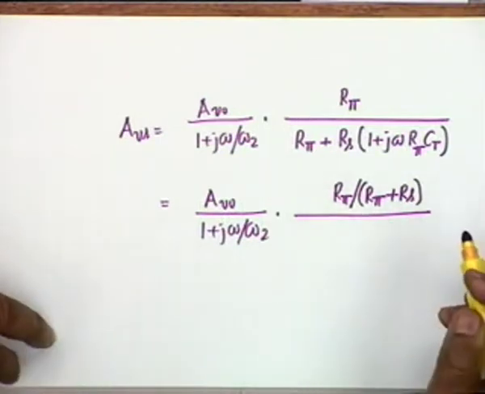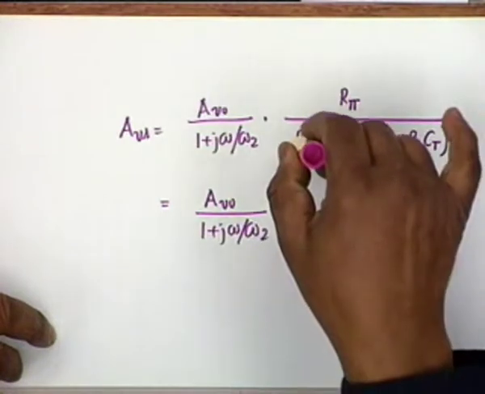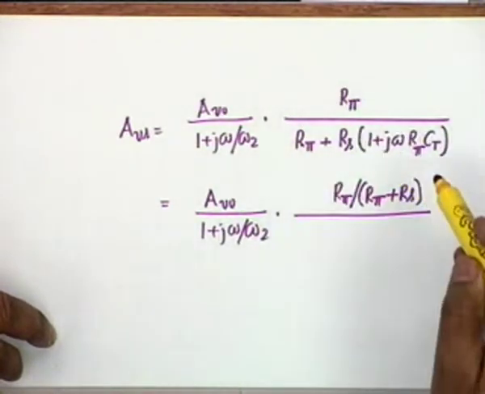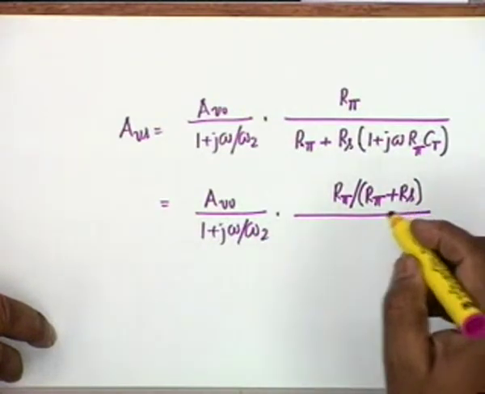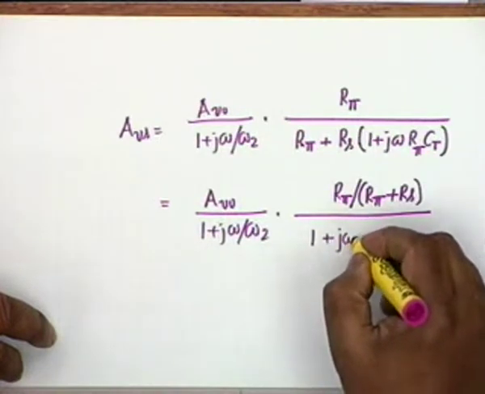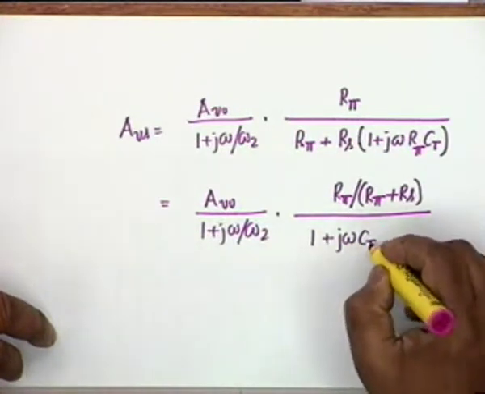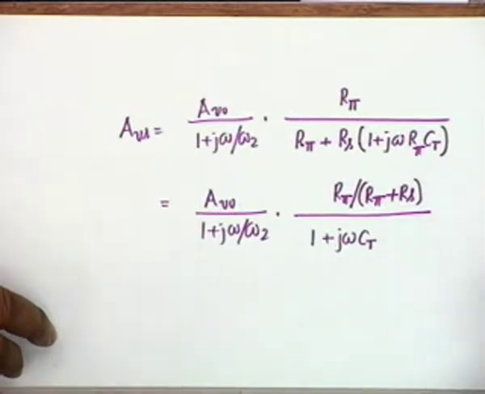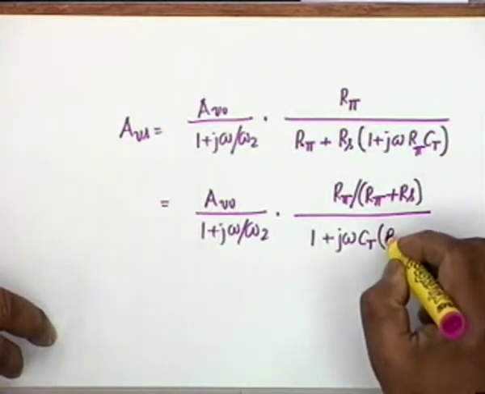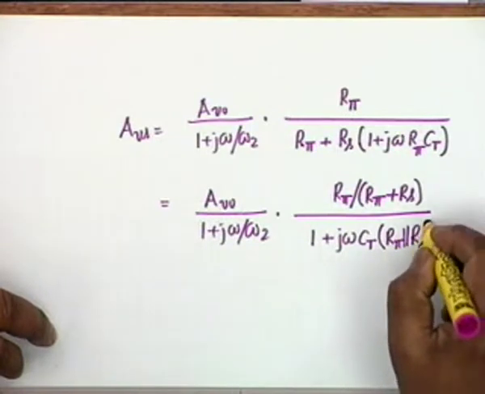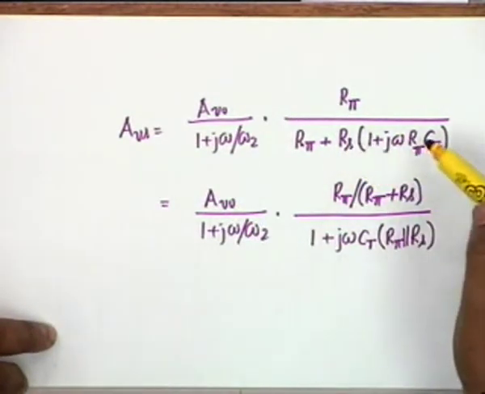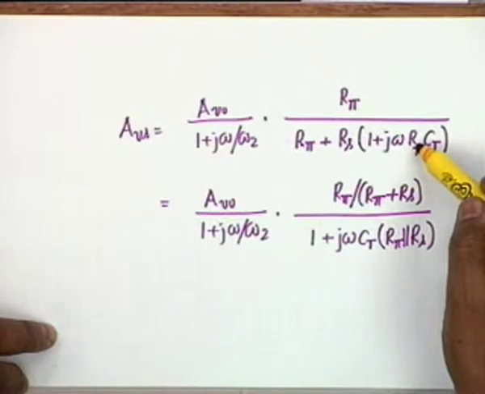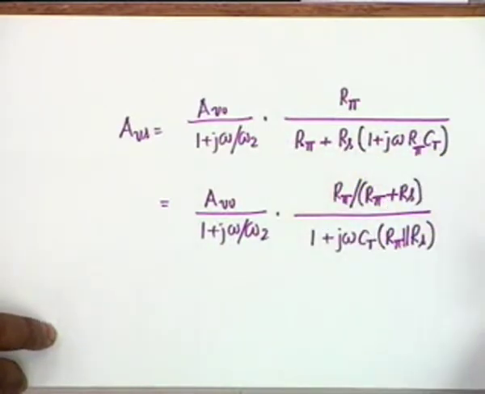Then in the denominator, what you will get is 1 plus j omega Ct times R pi Rs divided by R pi plus Rs, which is the parallel combination of R pi and Rs. Is that okay? Rs times R pi, and I am dividing by Rs plus R pi. I have omitted one algebraic step.